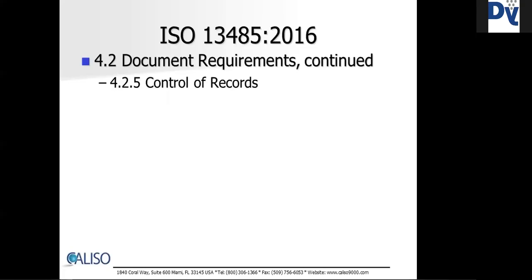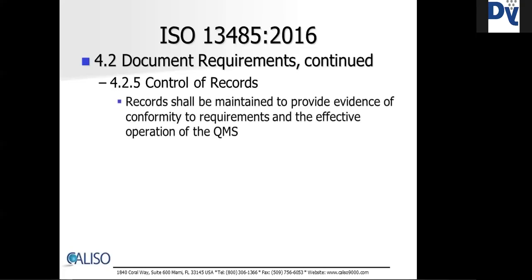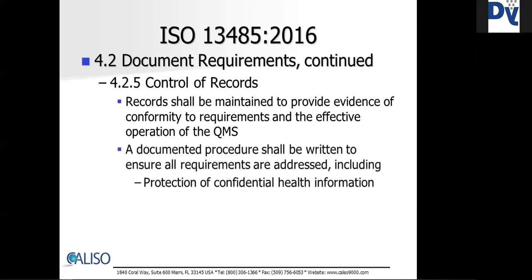Control of records. Records shall be maintained to provide evidence of conformity to the requirements and the effective operation of the quality management system. A documented procedure shall be written to ensure that all requirements are addressed, including protection of confidential health information.